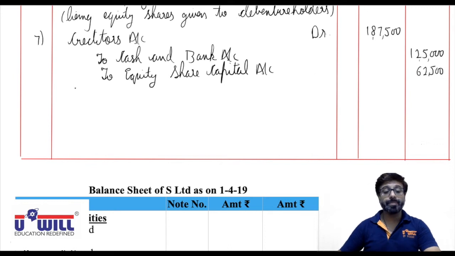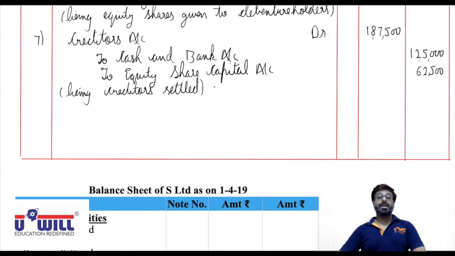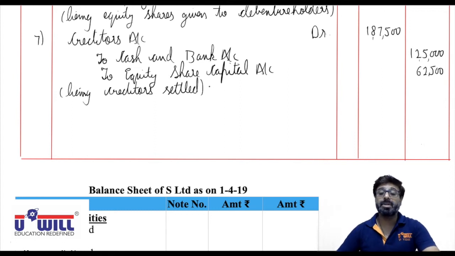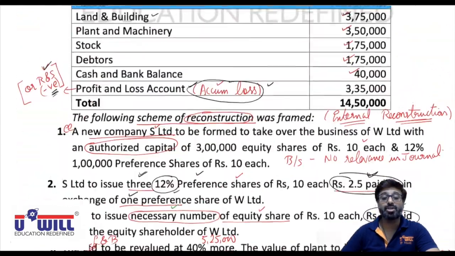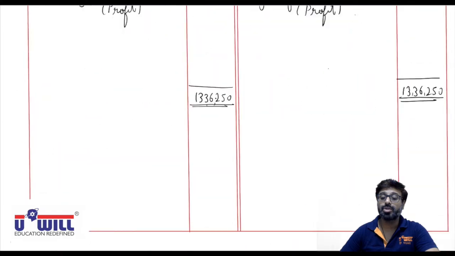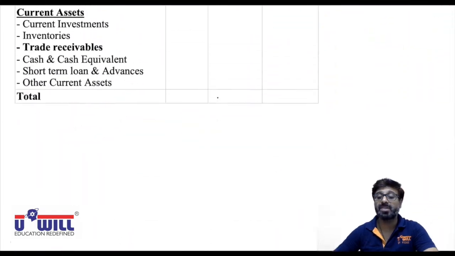Being creditors settled. Okay, all entries are done. If at all we have one extra entry, that is of statutory reserves, but we don't have that here. In the question you all can see there are no statutory reserves. So total of journal is to be done for the formality.